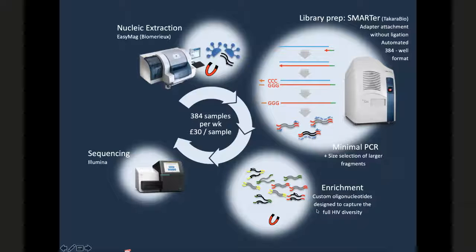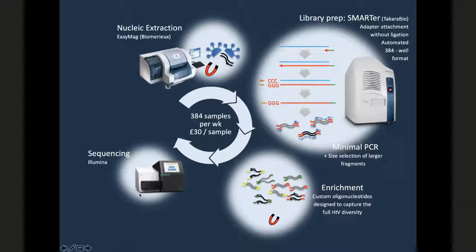We then apply an enrichment step where we use oligonucleotide probes designed to capture the full epidemic diversity of HIV. These probes are biotinylated, and we can fish out the sequences that they bind to using magnetic beads. And then we sequence on an Illumina instrument. That's a MiSeq that's shown there. We tend to do our preps now in 384 samples all at once.